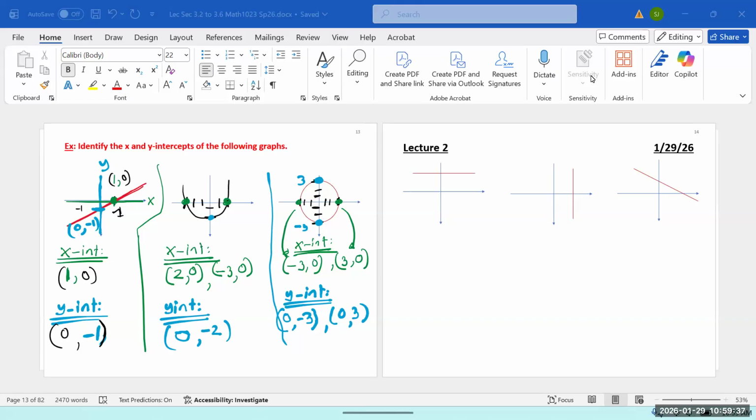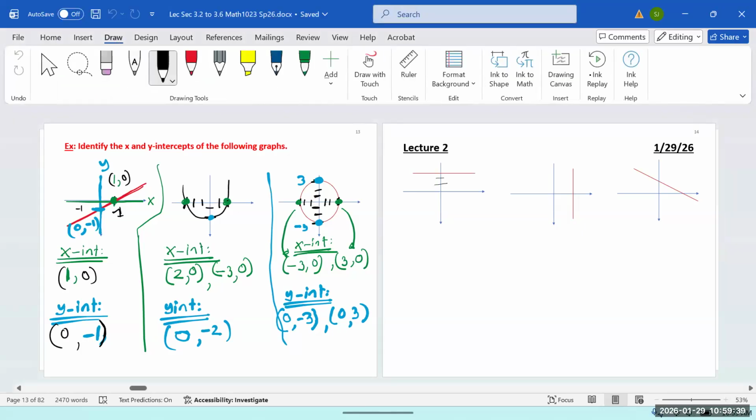So let's say we have three graphs. Let's start with C. X-intercept.